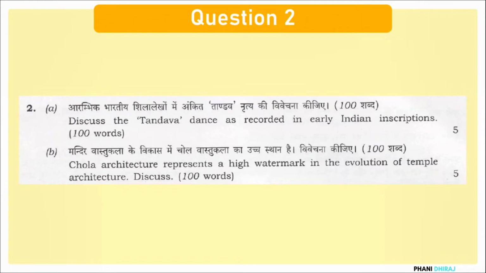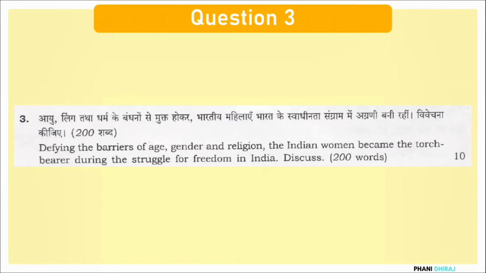Question number 3. Now coming to question number 3, defying the barrier of age, gender and religion, the Indian woman became the torchbearer during the struggle for freedom in India. Discuss. This has marks of 10 allocated to it and the word limit is 200.